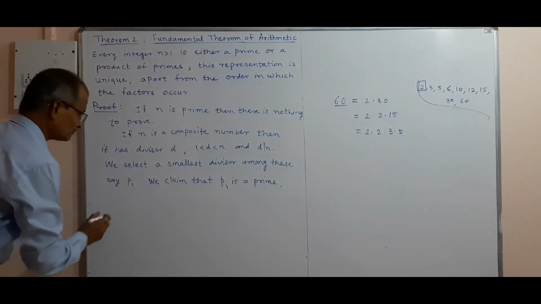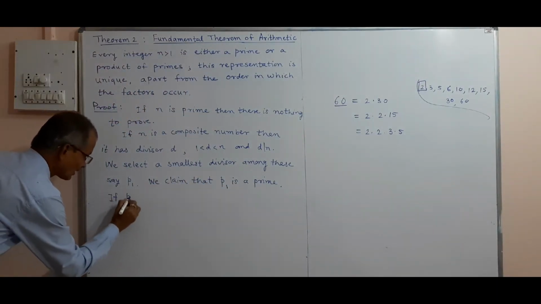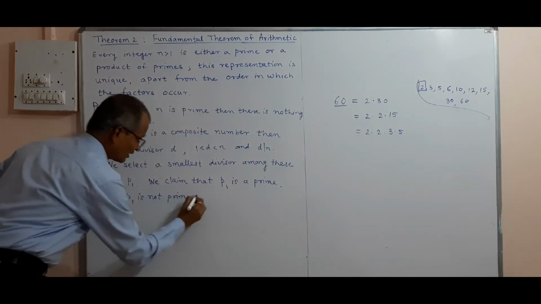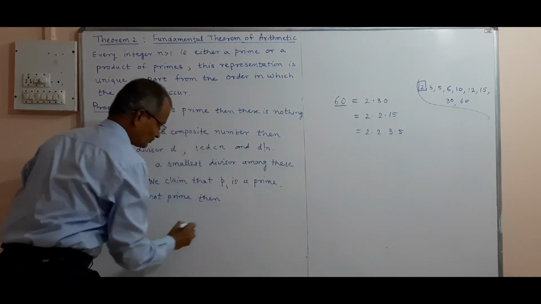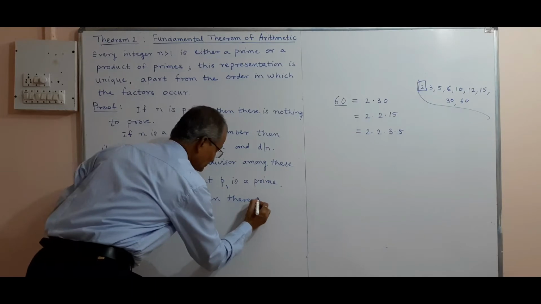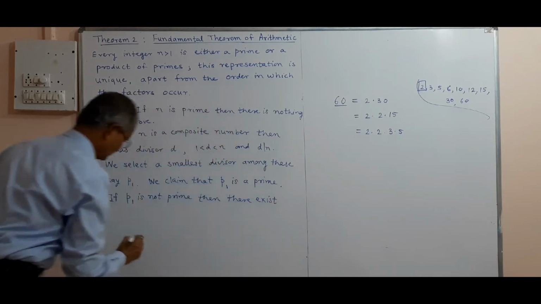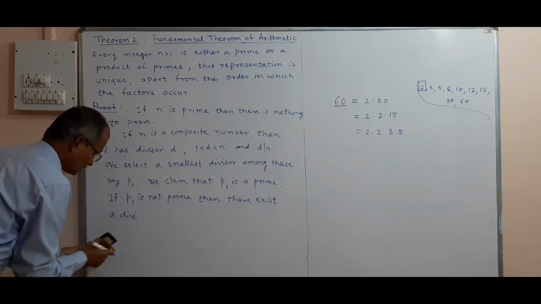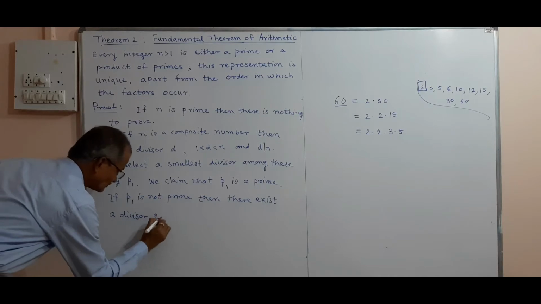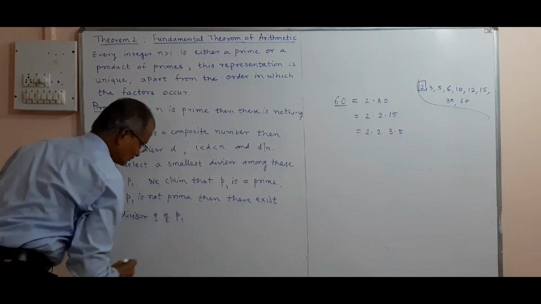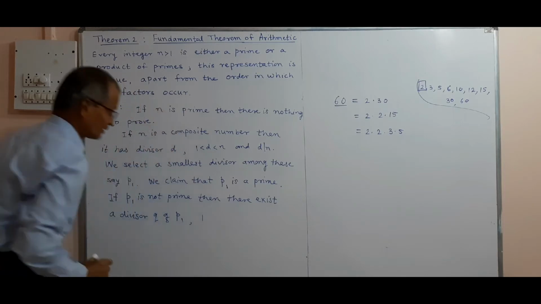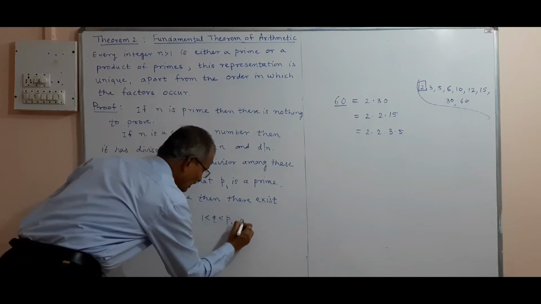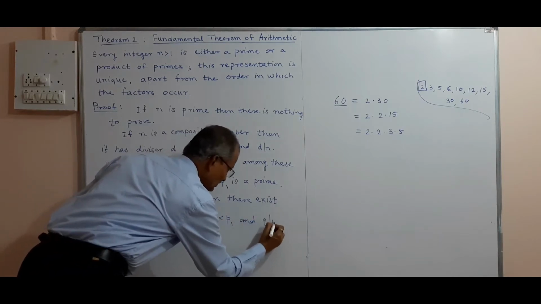If P1 is not prime, then it has a divisor Q. Then there exists a divisor Q of P1, one less than Q is less than P1, and Q divides P1.